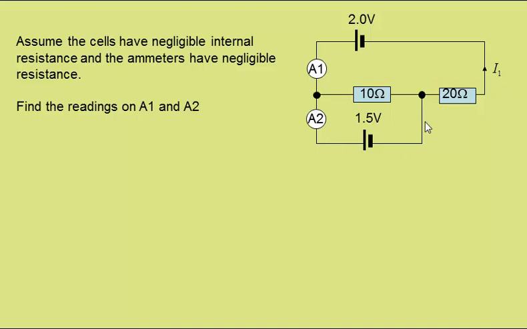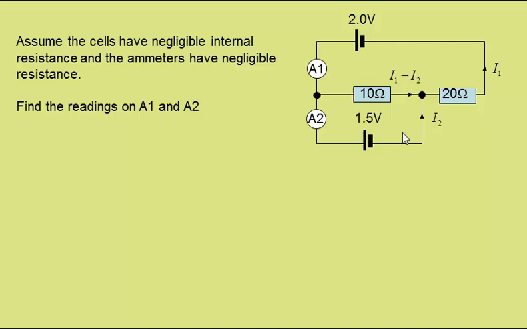We can put an arrow at this point, and this will be current 2 that passes through ammeter 2. If current 1 comes down here and current 2 goes down here, by Kirchhoff's first law, along here we'll have current 1 minus current 2.